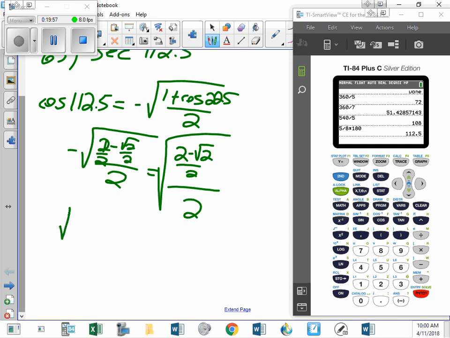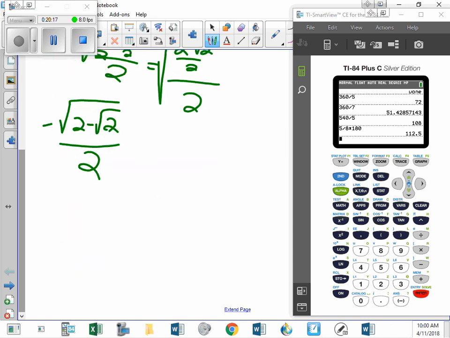So I get the square root of 2 minus root 2 over 4, and then I square root the 4, and I get 2. And it's negative. Nope, that's the cosine. So the secant is negative 2 over root 2 minus root 2.